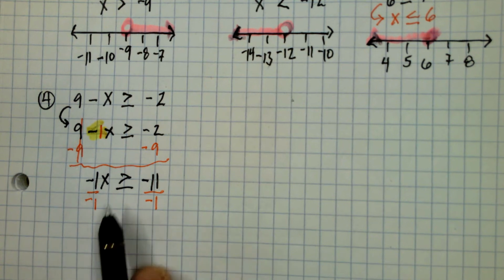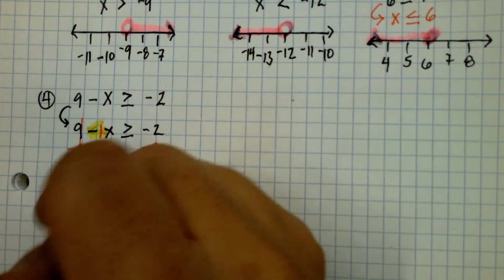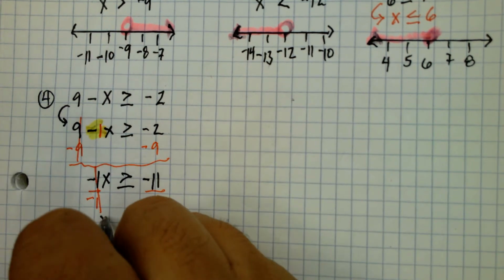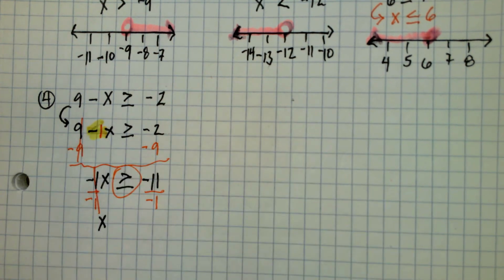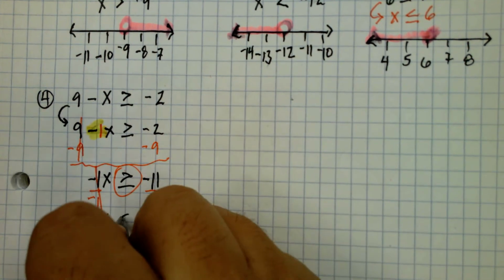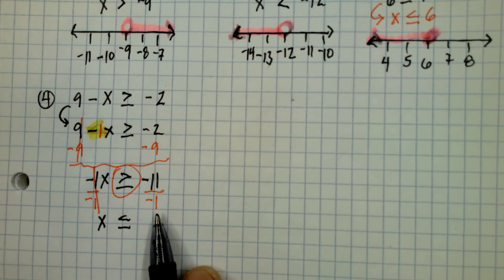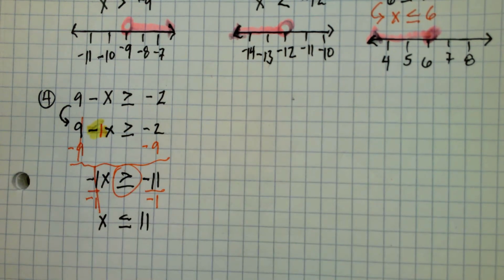And this negative 1 cancels with this one, leaving just x. I did divide by a negative, so I'm going to circle this and flip the inequality. And then a negative divided by a negative is a positive. How many 1s go into 11? So x is less than or equal to 11.